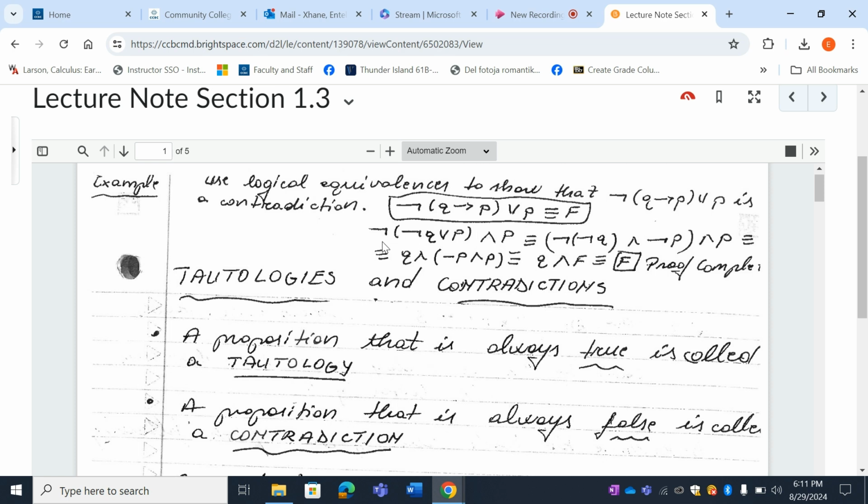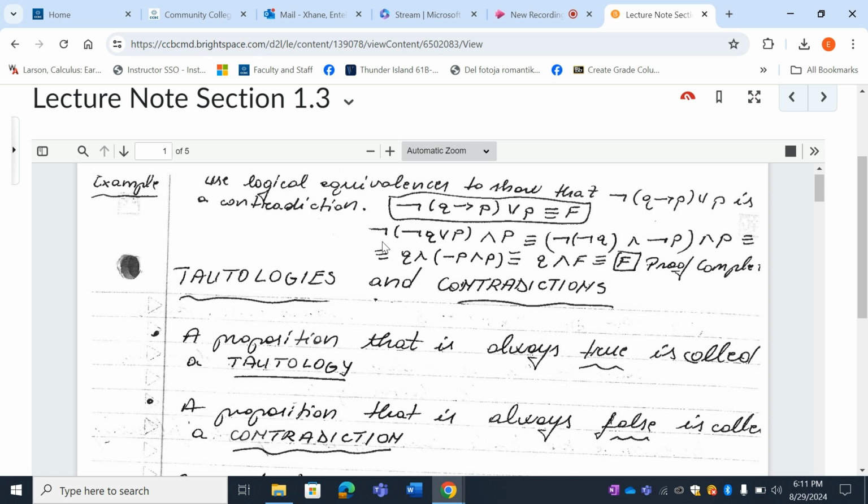So the expression, once again, that we are proving is a contradiction, the correct expression must be negate the implication Q implies P, and P. So it should be an operator and between parentheses and P. And then in my first step, I'm trying to show it's a contradiction.